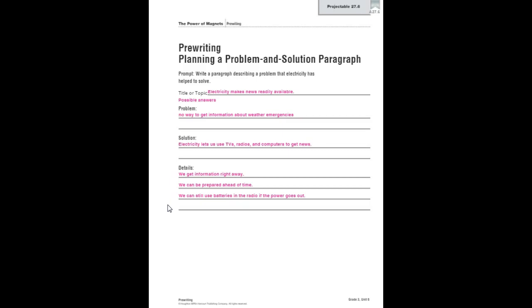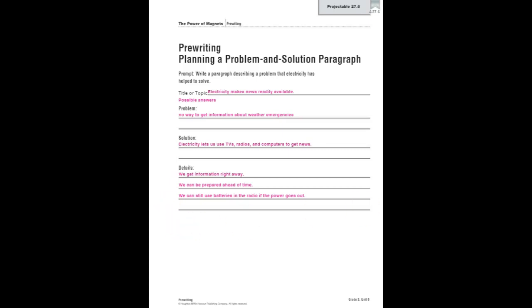You are going to use your graphic organizer that you just filled out, where you were pre-writing and thinking of your ideas and thinking of your problem, solution, and all the details that support how that problem was solved. And you're going to begin to draft.